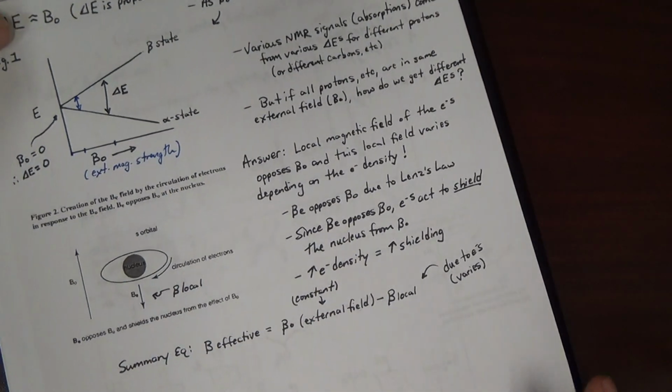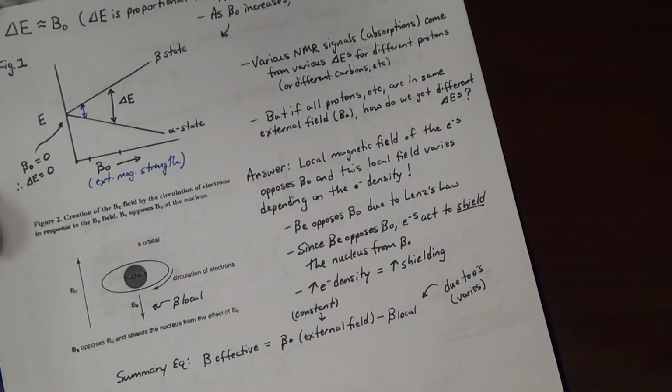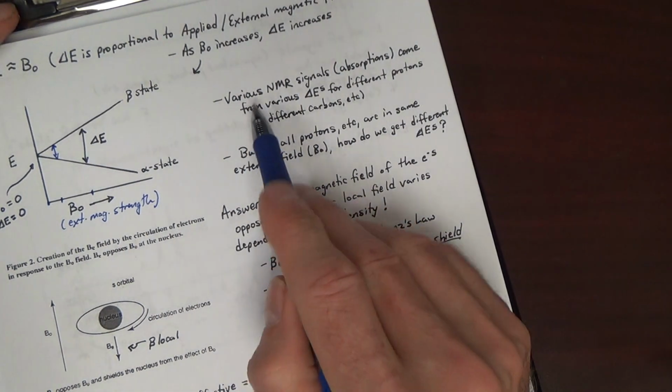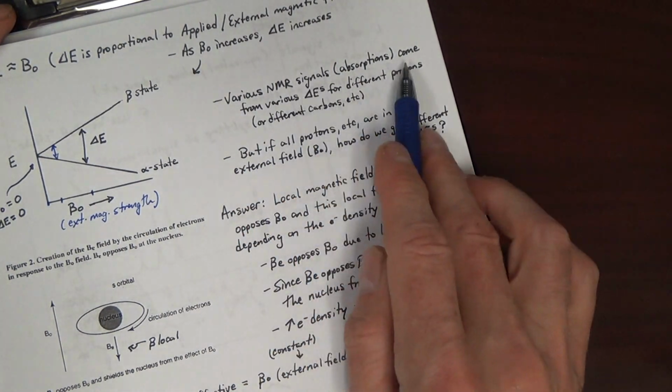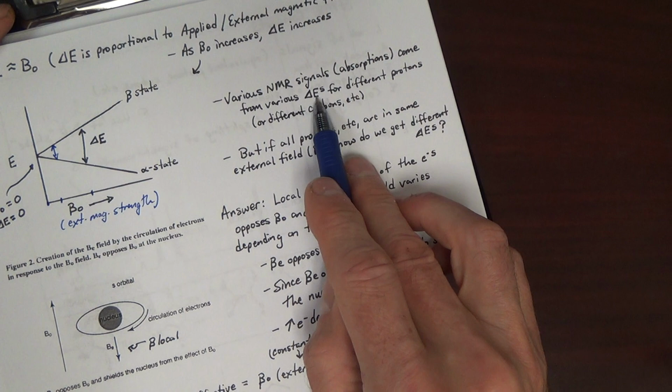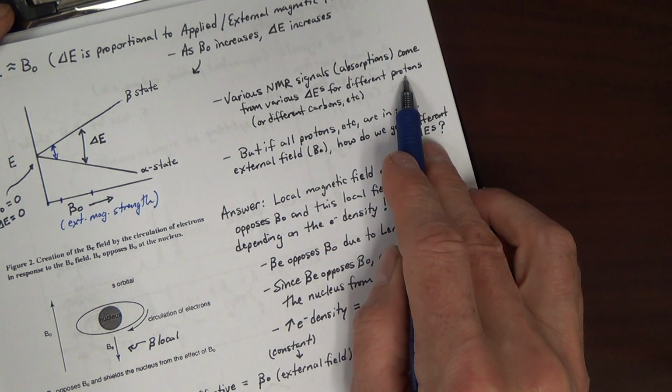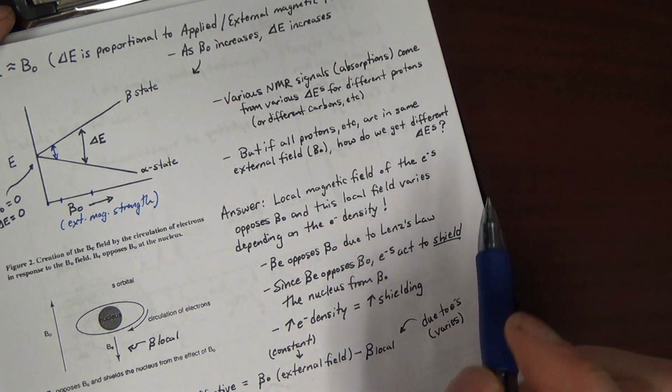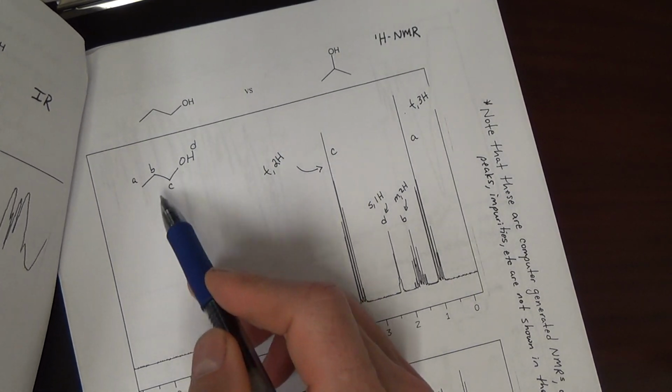Now, how do we get different signals in an NMR? Back over here we had 4 different signals. How do we get different signals? Well, various NMR signals come from various delta E's for different protons. So if we go back over here, we have 4 different types of protons.